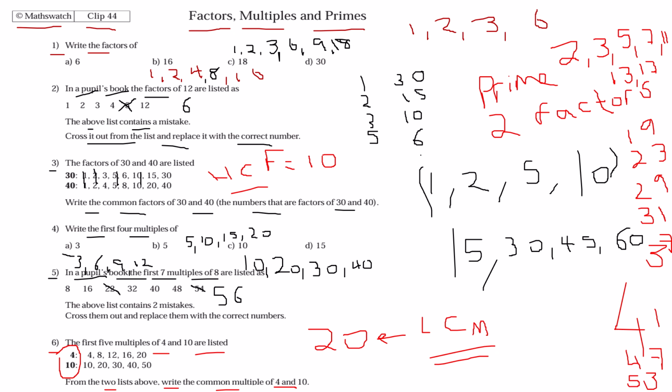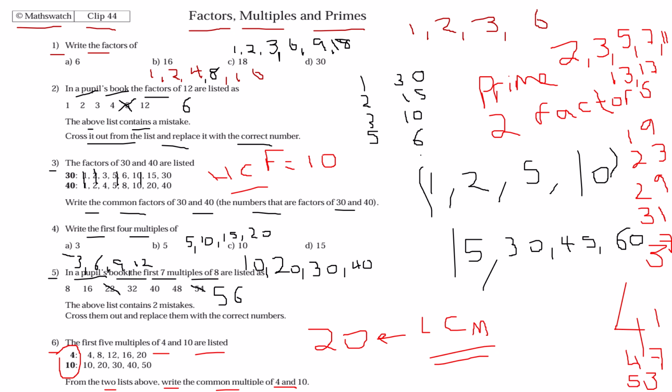So a prime number has to have explicitly 2 distinct factors, and 1 is not a prime number, just to really emphasize that. The only even prime number is 2, because all other even numbers have a factor of 2, so they have more than 2 factors, a minimum of 3 factors, if not more.